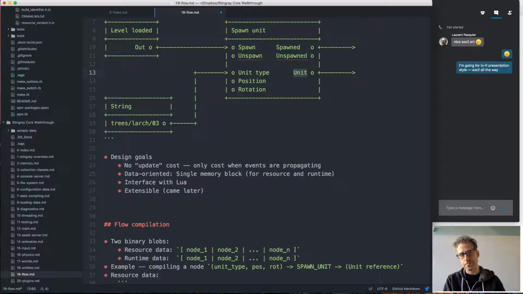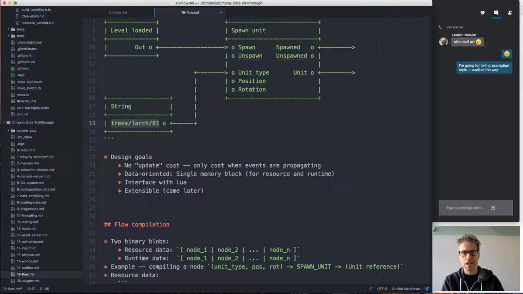Note that when compiling the node, we don't reserve any memory for these input data fields, because that memory will be reserved by the nodes that these input fields are connected to. So this string node here has an output variable which contains a string. When we compile the string node, it will reserve the memory for this string and put it there.